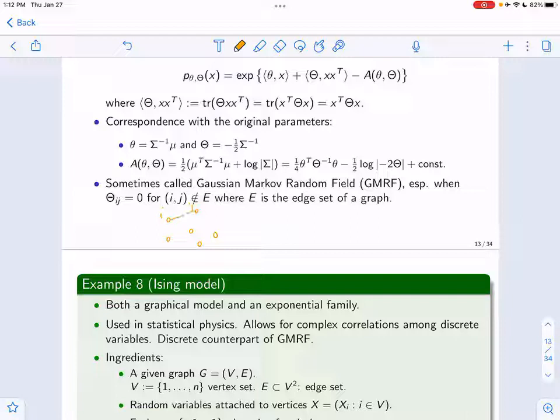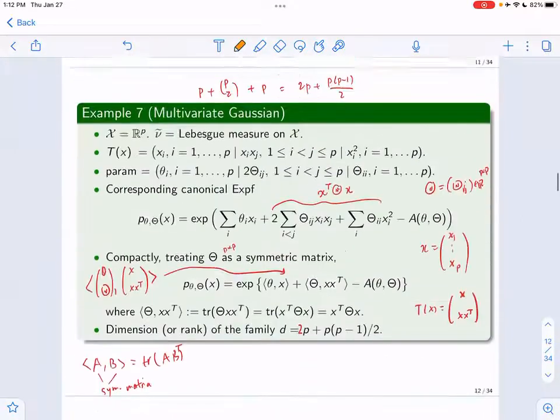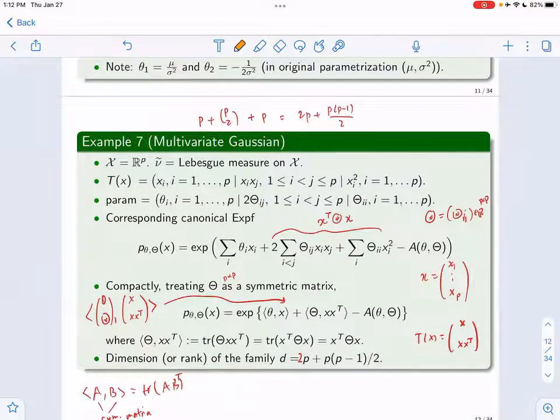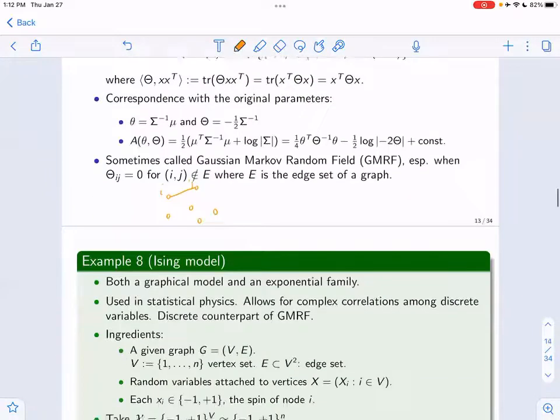So the nodes correspond to the coordinates. If I have p variables, I have p nodes in this graph. And then I put an edge if theta ij is non-zero. I don't put an edge if it's 0. So the edges that I have are those for which theta ij is non-zero.